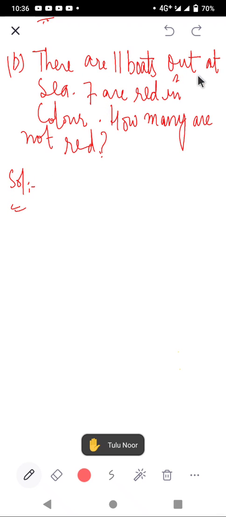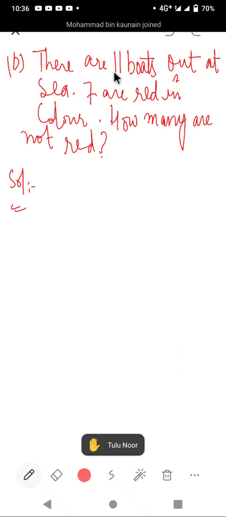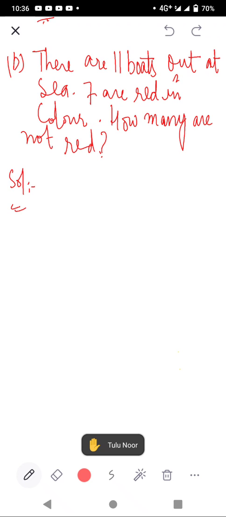There are 11 boats out at sea. Total 11 boats are there, and out of 11, 7 are red in color. So how many are not red? We will subtract the 7 red boats from the 11 boats, then we'll get the boats which are not red. First of all we will write the statement of the bigger number. Number of boats, the total number of boats, is 11.